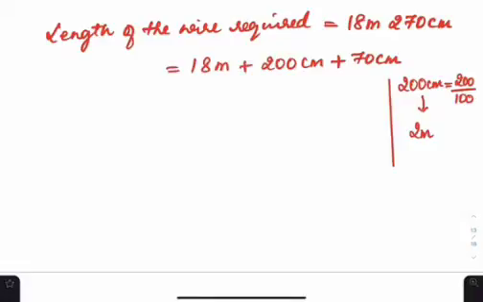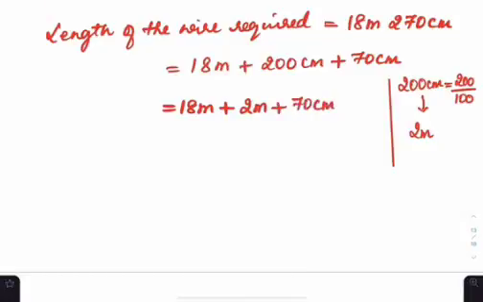Okay. Did you all understand now? Now we can write 200 centimeters, which is mentioned here, in meters as 2 meters plus 70 centimeters. Now here, if you observe, 100 centimeters is equal to 1 meter, correct?